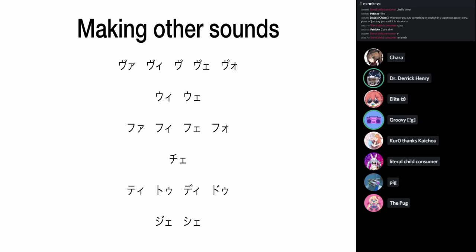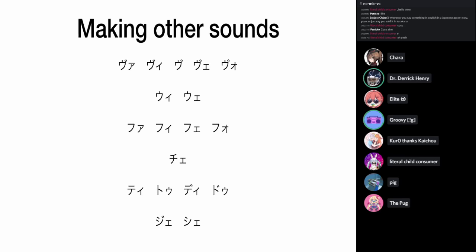Next, we have some sounds that katakana uses to make sounds that you don't find in Japanese, but you do find in other languages that they would use. And the way to look at this is look at what the sound is, and you can use the small vowel.